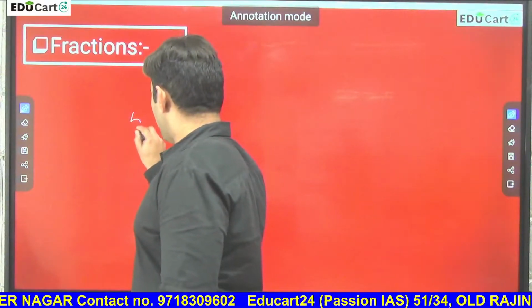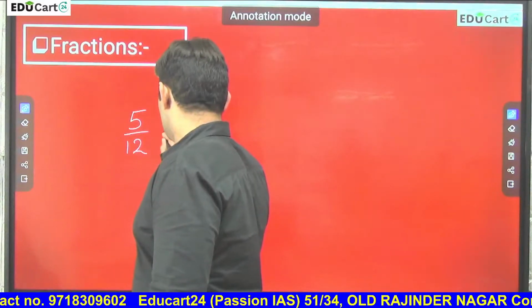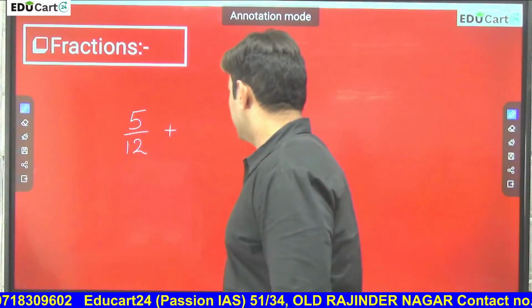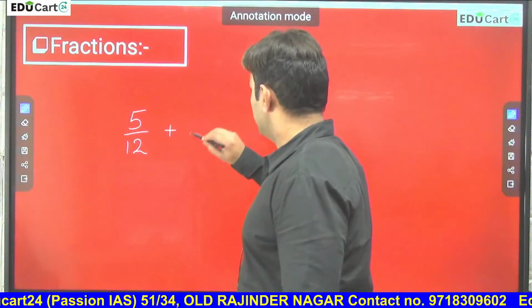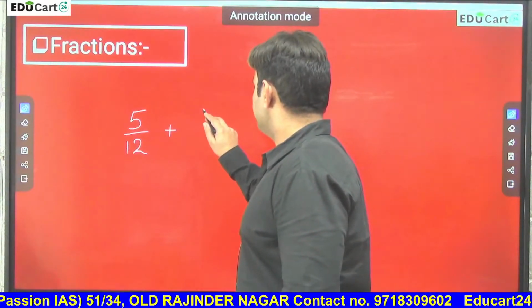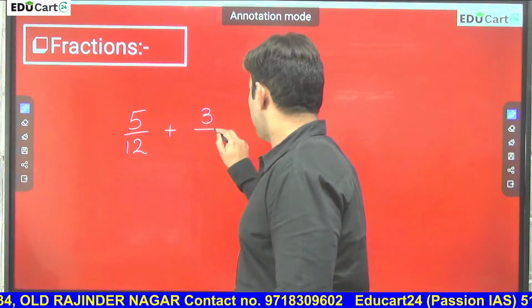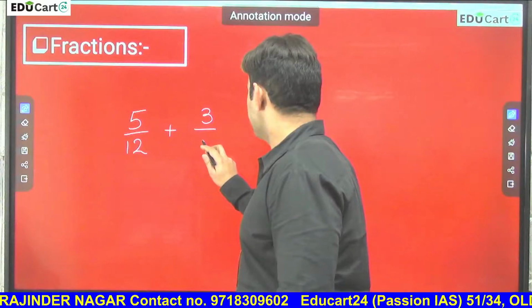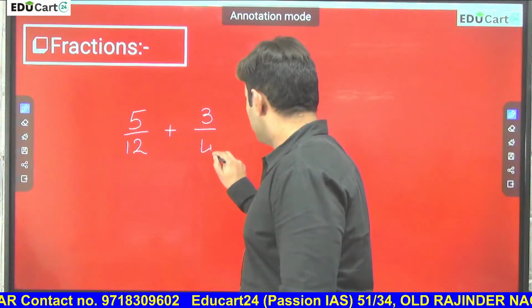Addition and subtraction of the fractions. Suppose we have to add 5 by 12 plus 3 by 4.